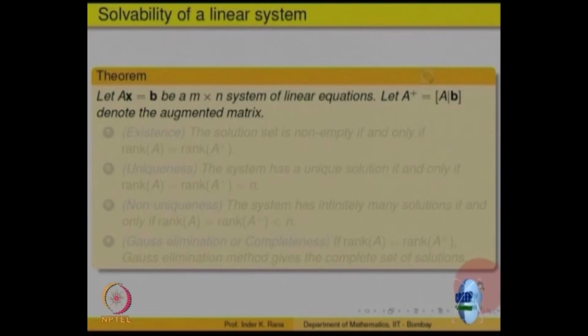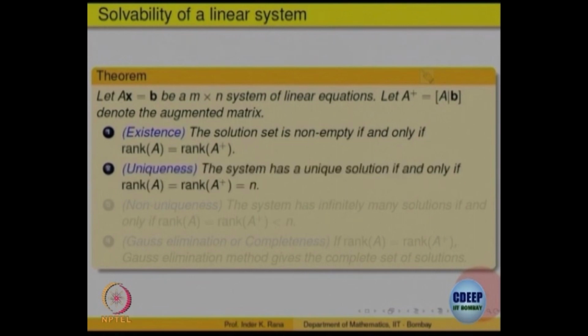And we stated the theorem of solving a system of equations in terms of this new terminology, rank. So, it says the following: first of all, the solution set is non-empty, that means the system is consistent, if and only if the rank of A is equal to the rank of the augmented matrix.